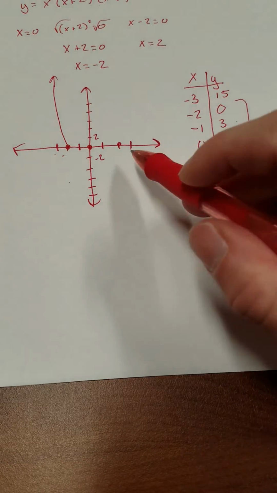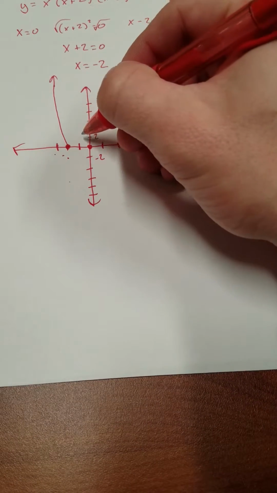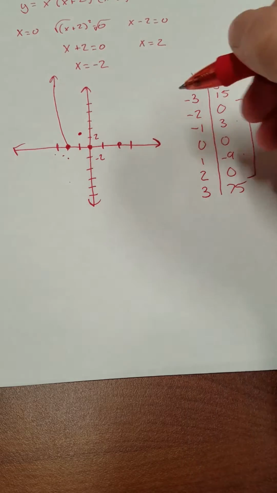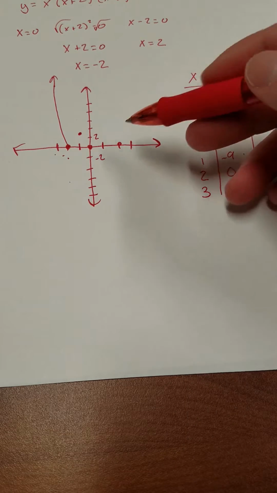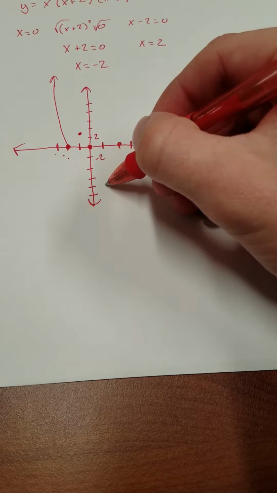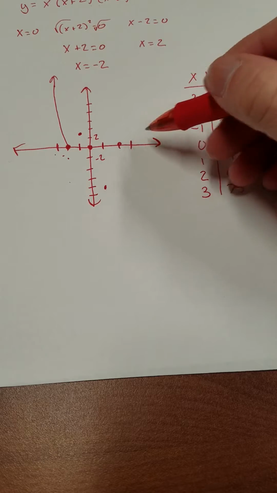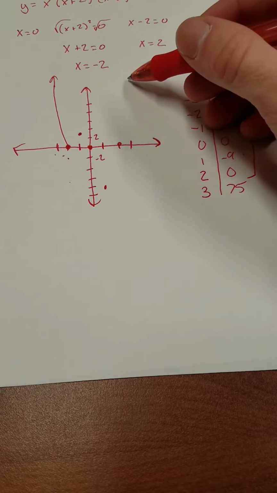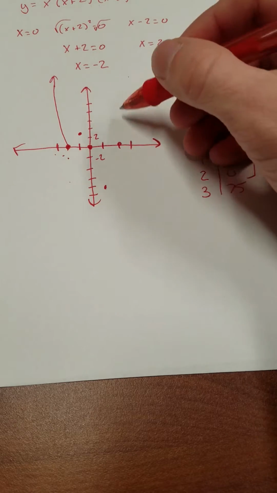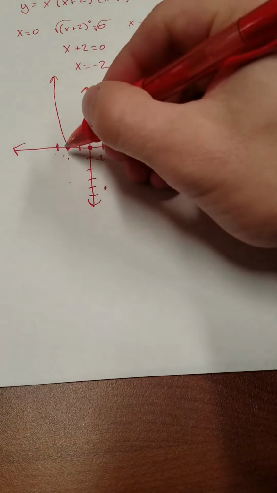All right, so negative 2 is at 0. Negative 1 is at positive 3, so that's going to be right around in there somewhere. 0 is at 0. 1 is at negative 9, so 2, 4, 6, 8, somewhere right around in there. 2 is back up at 0. 3 is at 75. That's definitely not a point I can plot, so I just know it's going to be going up. All right, now connect the dots.